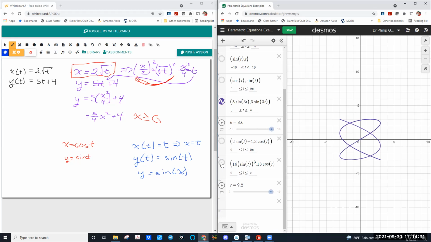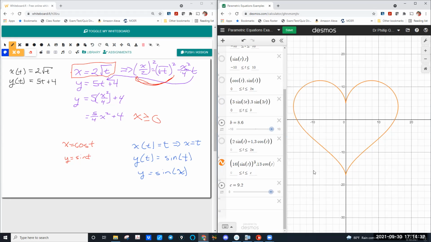I'm not going to spend too much time on this, but if you get time to play around with these, you can make some pretty cool stuff. This is just a parametric equation. You want to see how it's drawn? There's one half, and there's the other half. Pretty cool stuff that we can do with parametric equations.